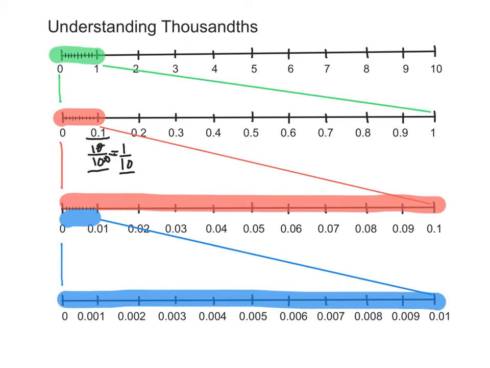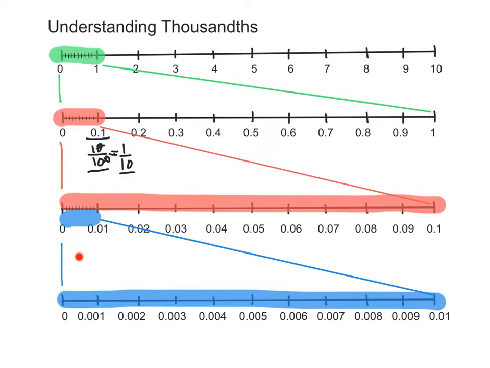So if I wanted thousandths, I'd have to put 1,000 little tick marks in here. They wouldn't fit. So first I blew them up into tenths. Then I blew my 10th up into hundredths. Now I'm going to take this little 100th right here, 1/100th, and blow it up into 10 thousandths.